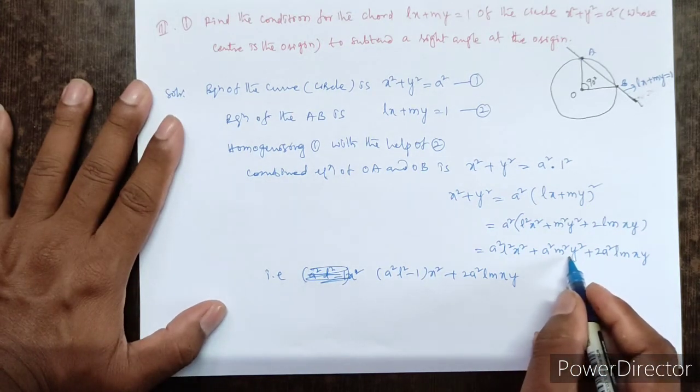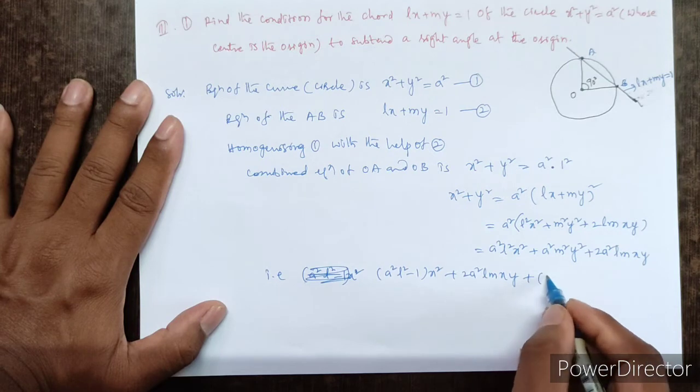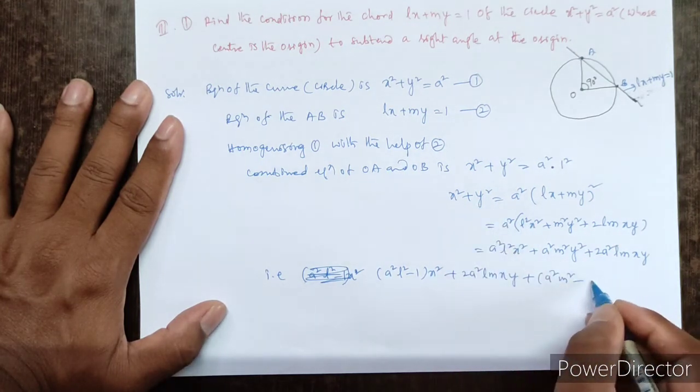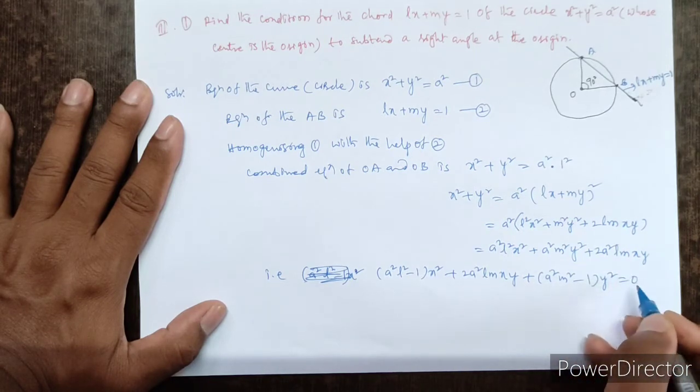Next the y square term: a square m square minus 1 of y square equal to 0.